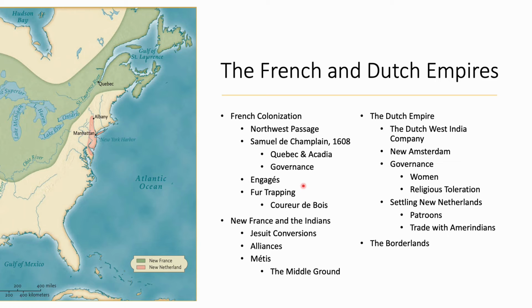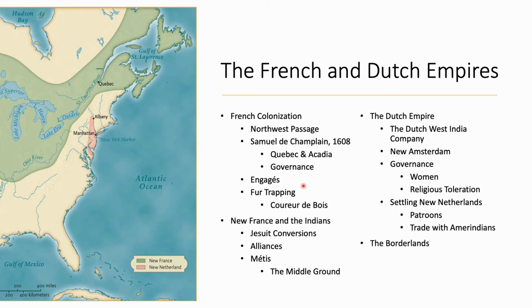So the other thing I want to emphasize when it comes to the French in North America is the relationship with the Native Americans. Now, there are attempts to convert the Native Americans to Catholicism. It's nowhere near as emphasized as it is in Spain, but nonetheless, the King of France finances many expeditions by the Jesuits, the missionaries, to come into North America for the purpose of conversion.